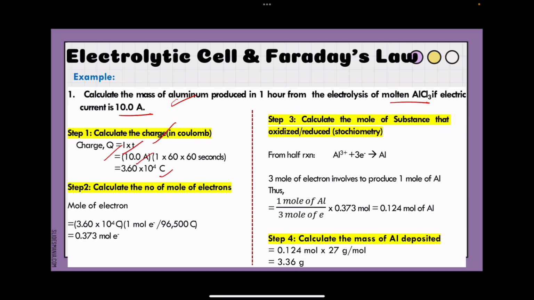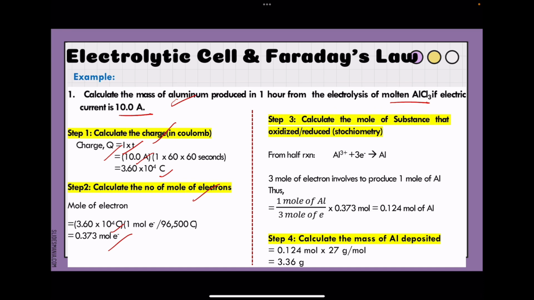Step 2, calculate the number of moles of electrons. Divide the charge by Faraday's constant: 3.6 times 10 to the power of 4 coulombs divided by 96,500 gives 0.373 moles of electrons.